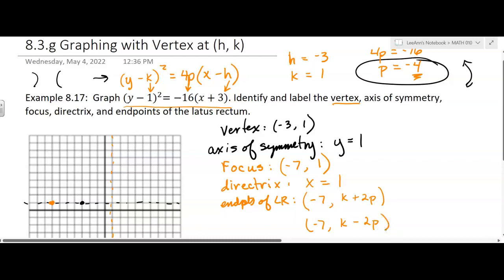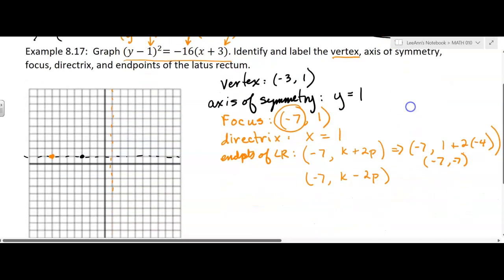Well, I kind of did a mixture. I knew it was going to be -7 because that's where my focus is, like right there. So now I can just figure out what that is. So -7, and then k was 1 plus 2 times -4. Well, 2 times -4 is -8, and then -8 plus 1 is -7. So one of them is going to be (-7, -7).